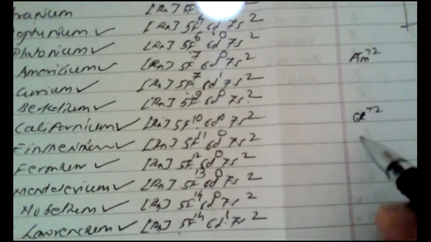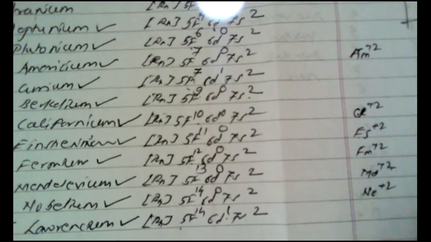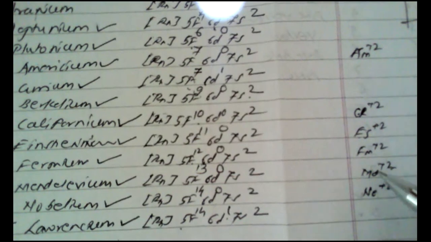Then Es +2, Fm +2, Md +2, No +2. So in all, these 6 elements display the +2 oxidation state.